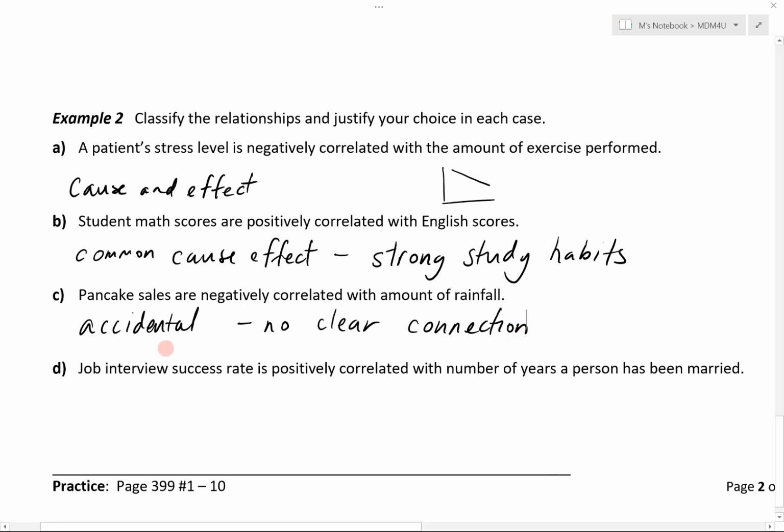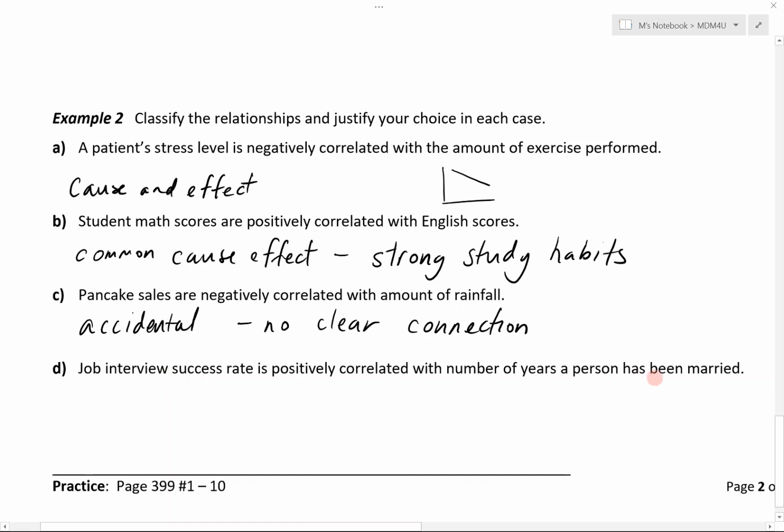And part D, a job interview success rate is positively correlated with the number of years a person has been married. Well, it could be accidental, could be a presumed relationship. If you think about the logic behind it, it might make sense.